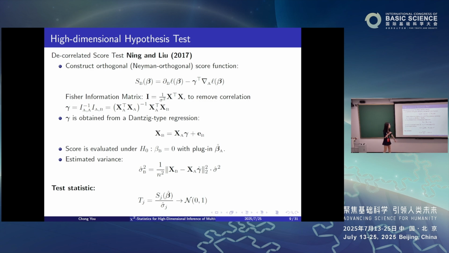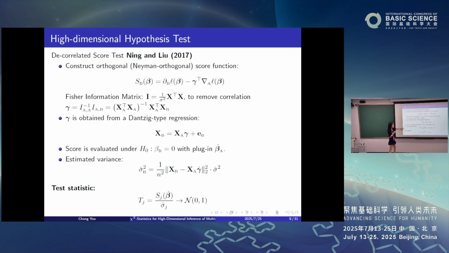So instead of using this gamma, they use a Lasso estimate. Basically, you put another diagonal penalty term inside this one to make this matrix invertible. Then they replace this gamma with Lasso estimates to get what they call the decorrelated score test.